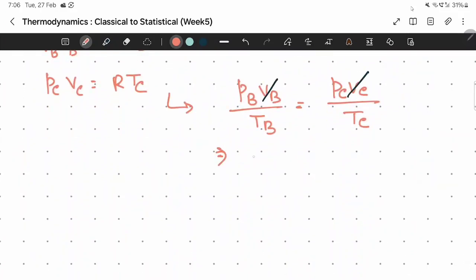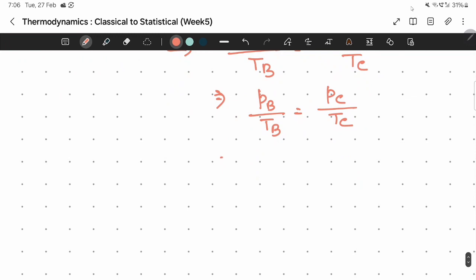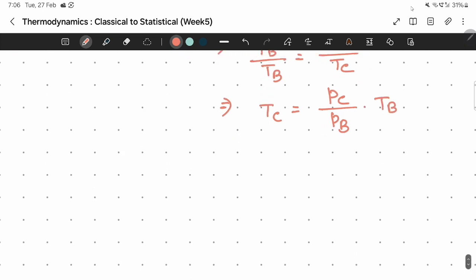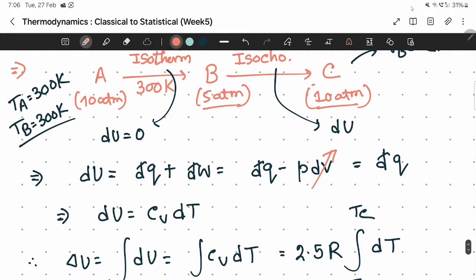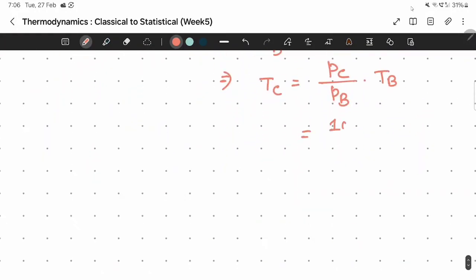From here we can write PB by TB equals PC by TC. So TC will be PC by PB into TB. Now we know everything. What is PC? 10 atm. What is PB? 5 atm. So PC by PB will be 10 by 5, and TB we know. What is TB? 300 Kelvin. So it should be 150 Kelvin. No, 600 Kelvin, sorry. So 600 Kelvin.